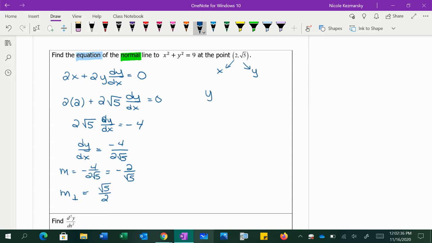And so we're going to use point slope form, y minus y1 equals slope times x minus x1. And we'll say y minus the y value in the equation, which is square root of 5, equals our slope, which is root 5 over 2, times x minus the x value, which is 2. And there's our equation.